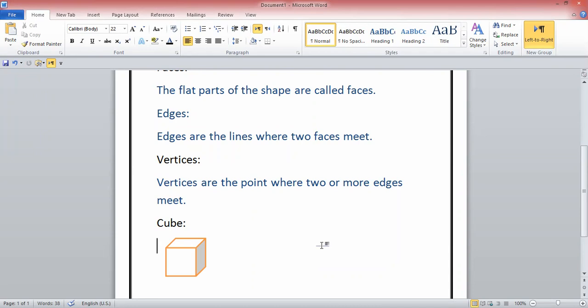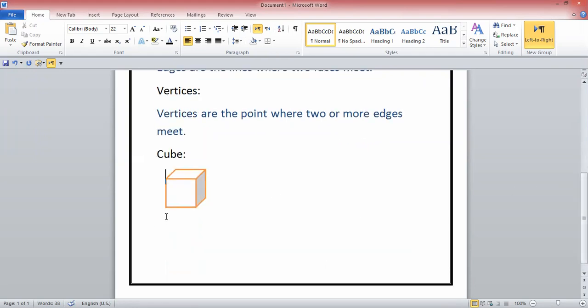Now I will write about cube. This is a cube. I will write about its properties, guys.